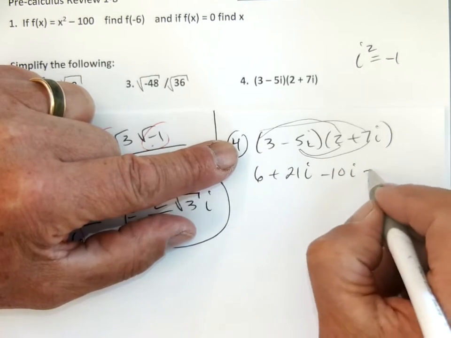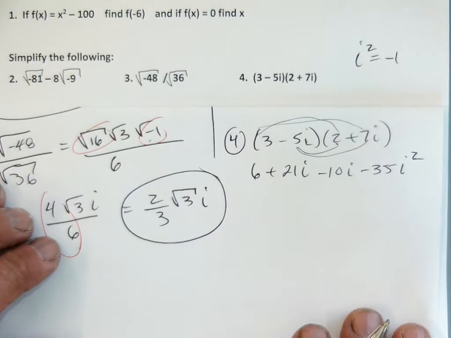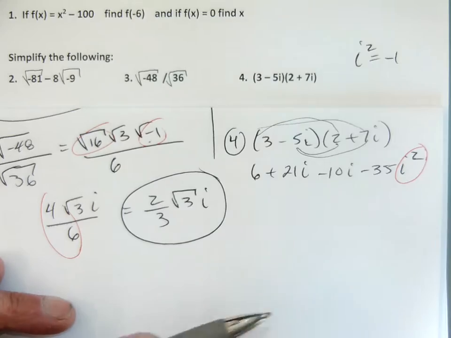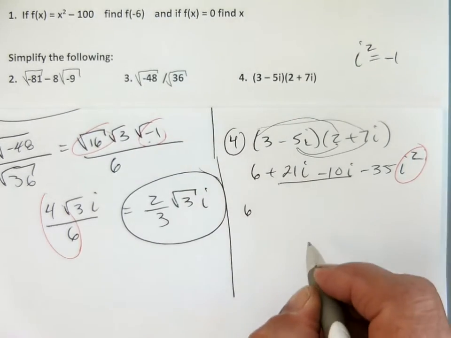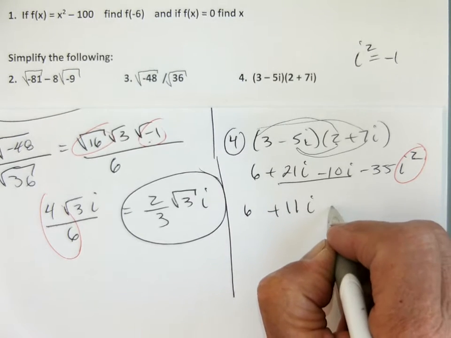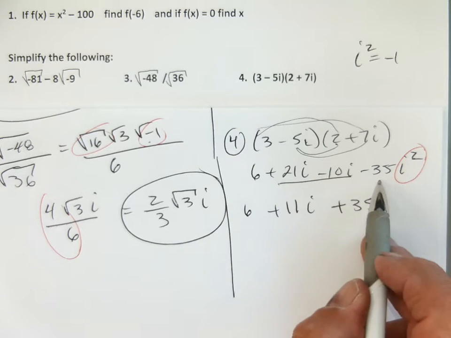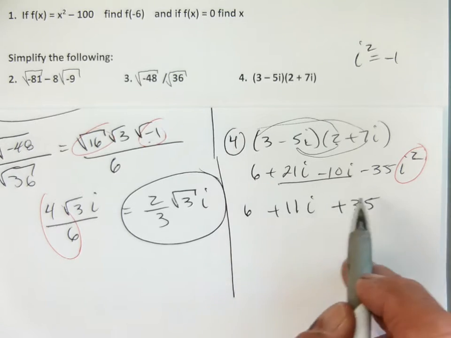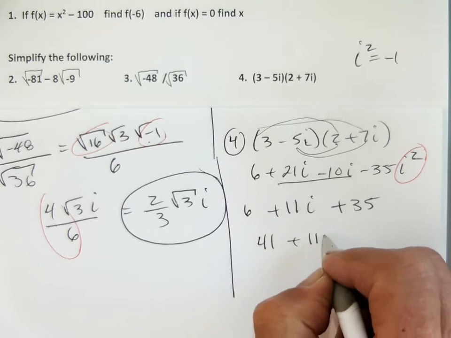Negative 5 times 7 is a negative 35, but i squared, right? I'm going to make sure that becomes a negative 1, and I'll combine these two i's. So I'll have a 6 plus 11i plus 35. You okay with that? Negative 1, and negative 35 makes a positive 35. Finally, I'll add my real numbers and get a 41 plus 11i.